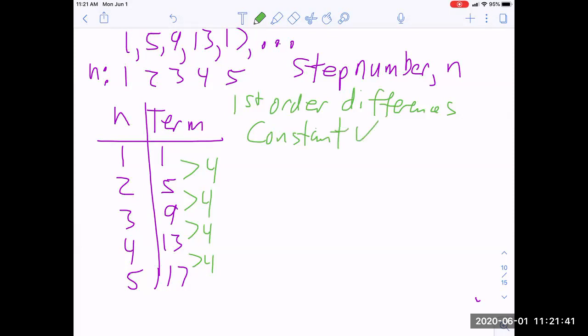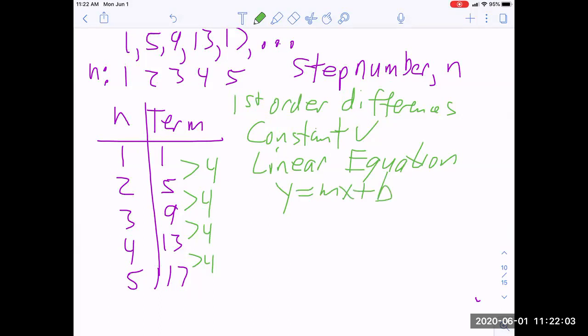That means in my formula for this sequence, I'm going to get a linear equation. That's the information that gives me. Linear equations, if you recall, y equals mx plus b. In this case, I'm changing this a little bit: the term is m times n, the step number, plus b.